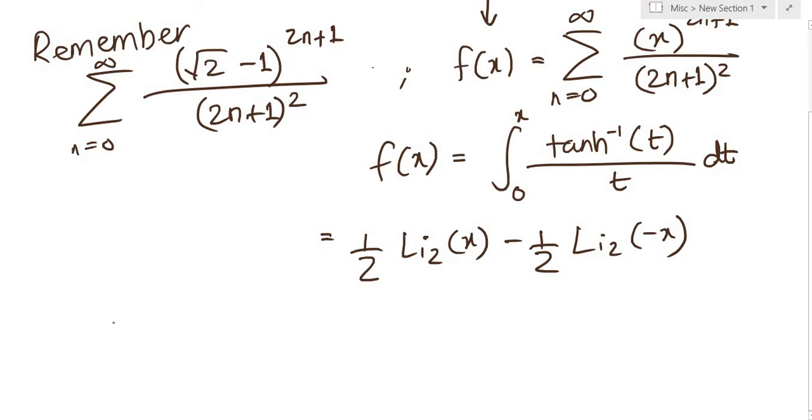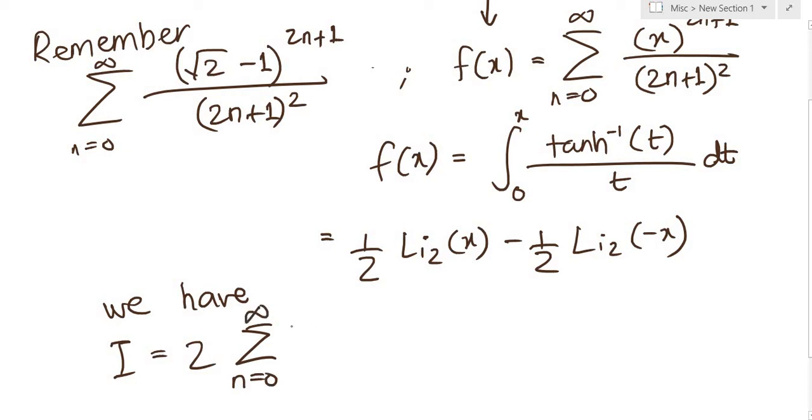We have I, that is 2 times the series, the sum from n equals 0 to infinity of minus 1 to the n over 2n plus 1 squared.